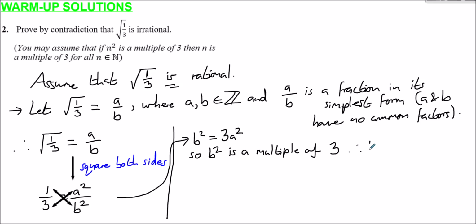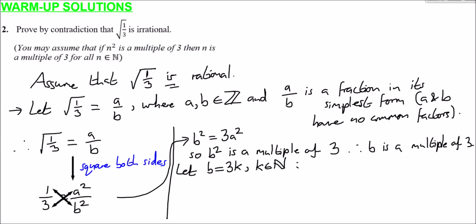So therefore, b is a multiple of 3. So now we can introduce a representative for b. So we can let b equal some multiple of 3. So let b equal 3k, where k is a natural number.